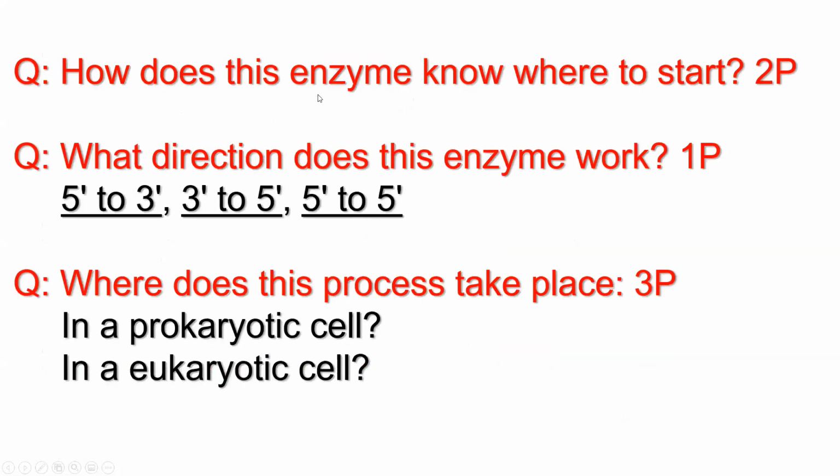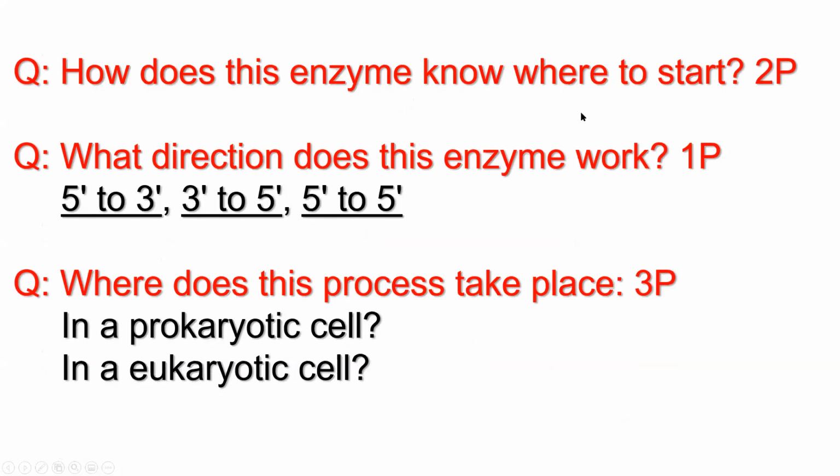Remember, when I say RNA polymerase, for the RNA polymerase to start making messenger RNA, there is a specific region in the DNA where the enzyme binds and starts the process of transcription.